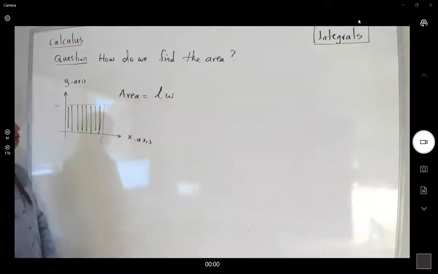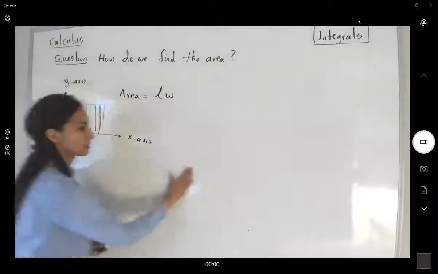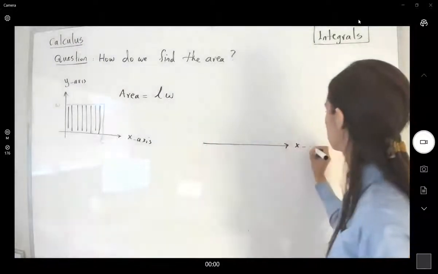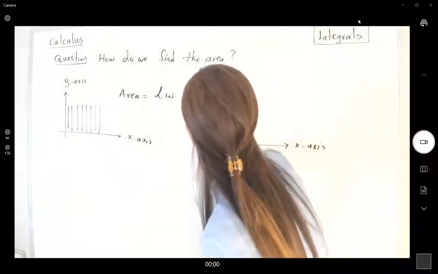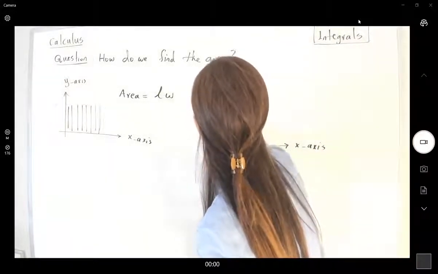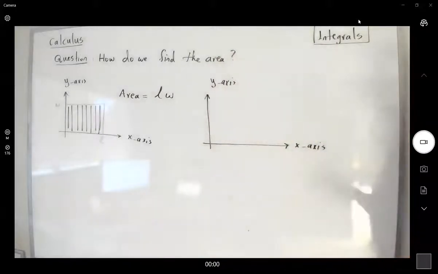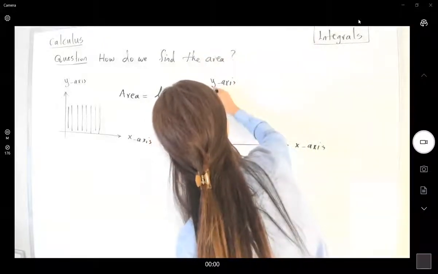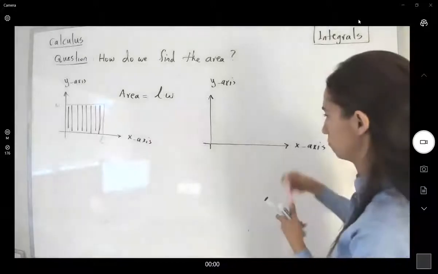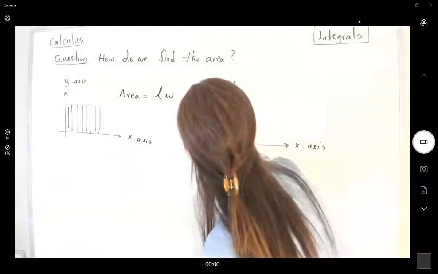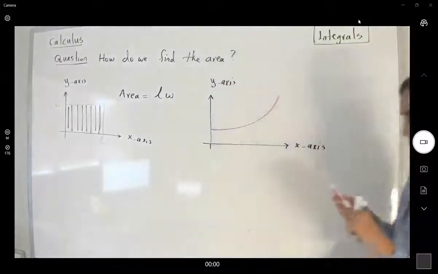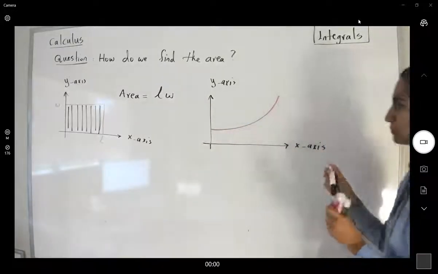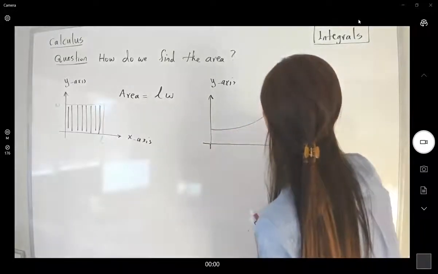Okay, there you go. But if I give you something like this, what if I have my x-axis, then my y-axis, and then I have this function here. This is the function that I have. And I ask you, hey, what is the area below this graph bounded by the x-axis?